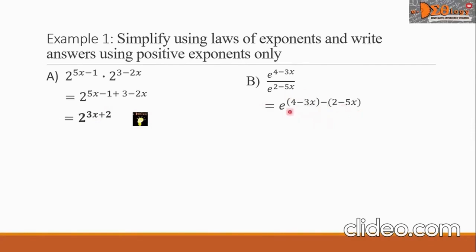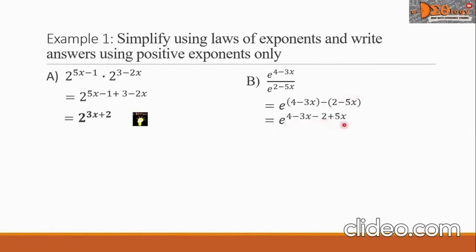In the next step, we will remove the grouping symbol. In the first group, we can directly remove the grouping symbol, but for the second group, we need to first change the sign of the terms inside this grouping symbol. So we have now e raised to 4 minus 3x minus 2 plus 5x.